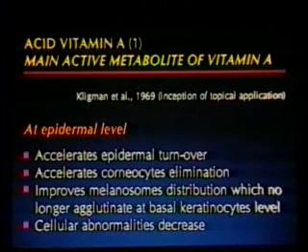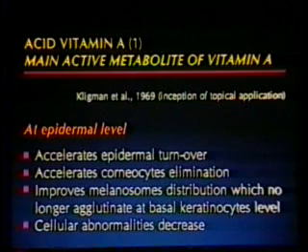Acid vitamin A is a very widely used drug in cicatrization processes. It is vitamin A's principal active metabolite developed by Kligman et al. in 1969, when it was first used in topical application. It was seen that at epidermal level, it accelerates epidermal turnover and corneocytes elimination, improving melanosomes distribution and decreasing cellular abnormalities.